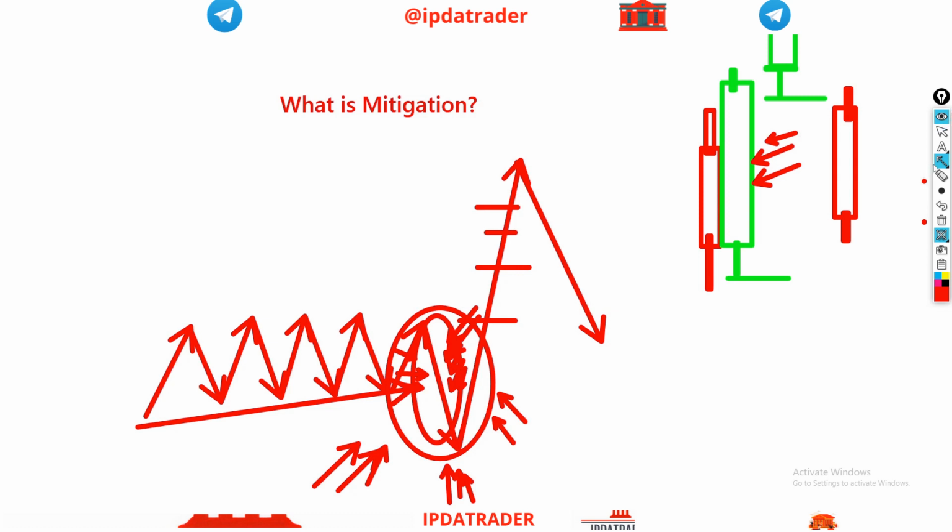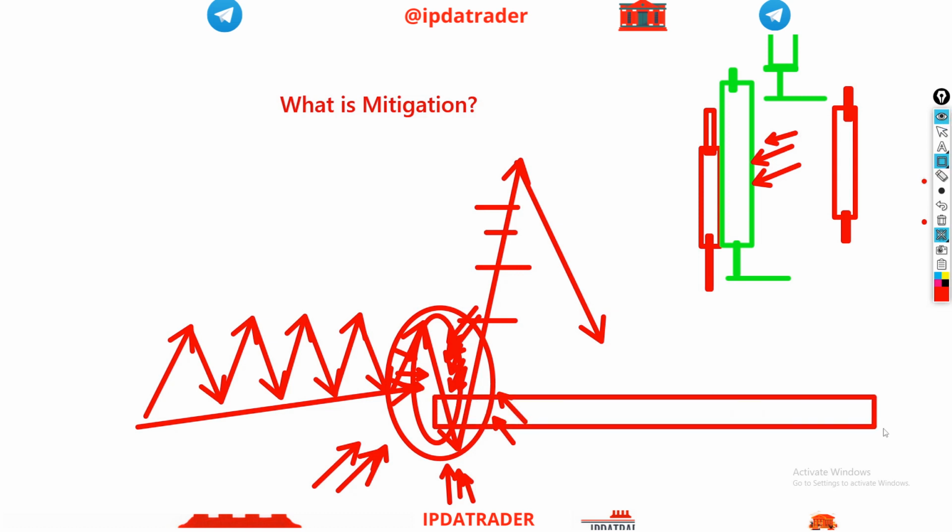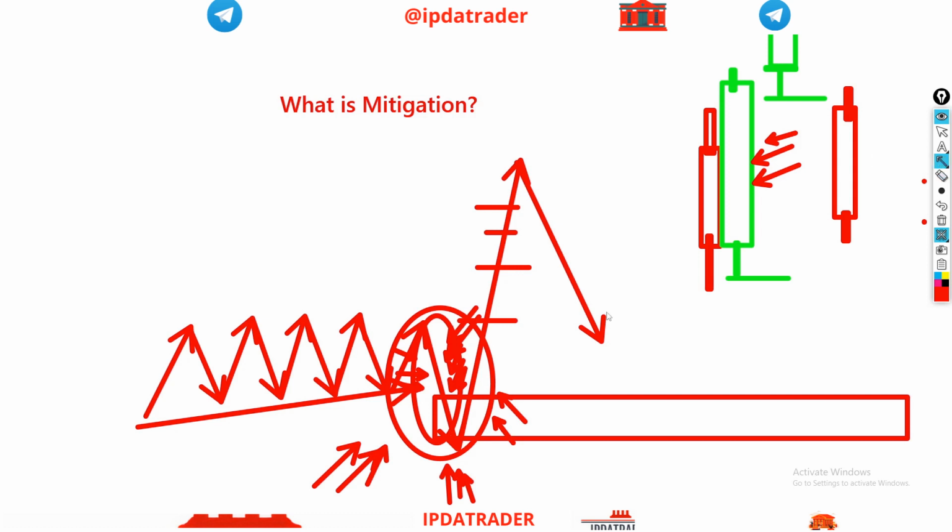If you have a potential demand zone at this region, you can physically see how price may drive into that and retrace a bit, right? It's going to be rejecting that zone multiple times because that rejection of the zone signifies positions being closed.